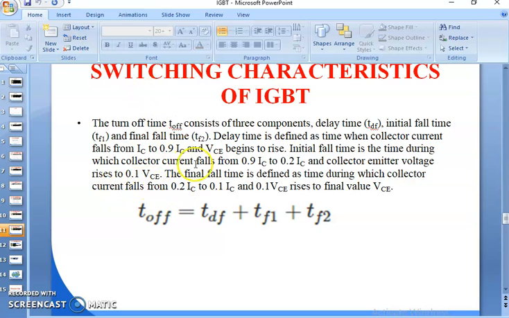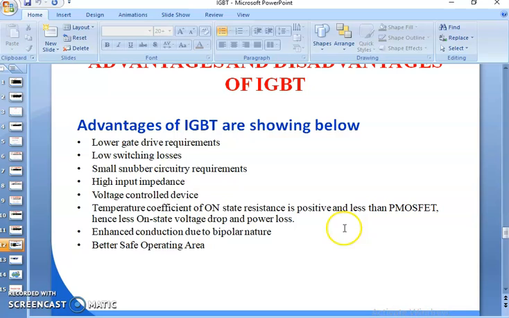The final fall time is the time during which collector current falls from 0.2 IC to 0.1 IC and VCE rises to final value VCE. So we can write the total time TOFF is equal to TDF plus TF1 plus TF2, where TDF is turn off delay time, TF1 is initial fall time, TF2 is final fall time.